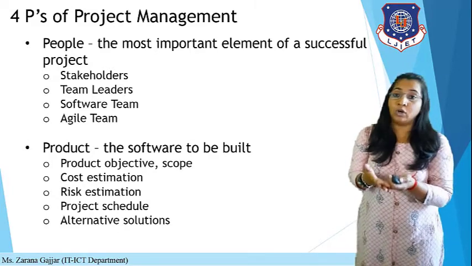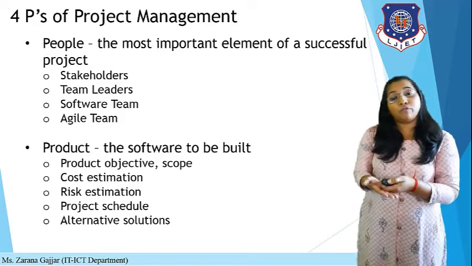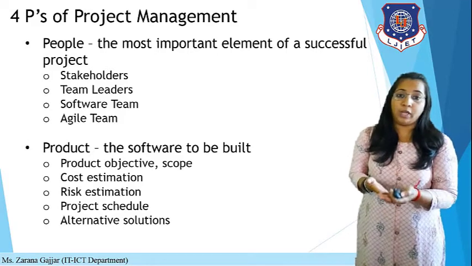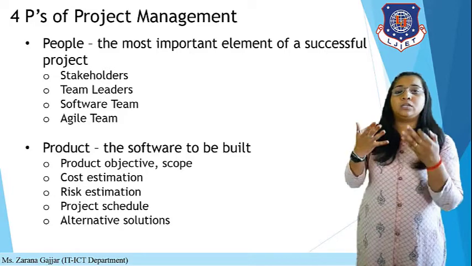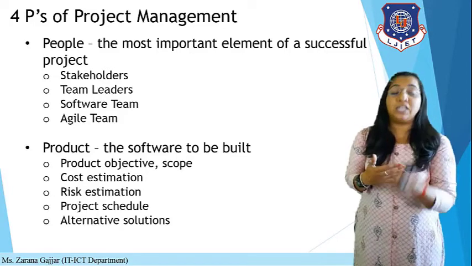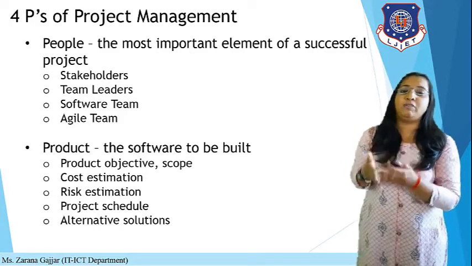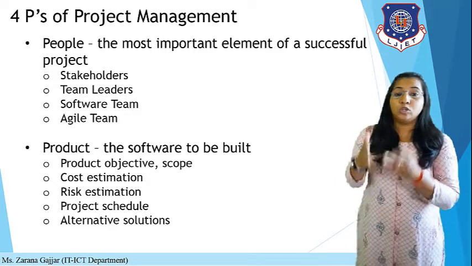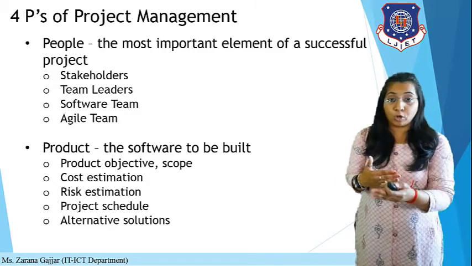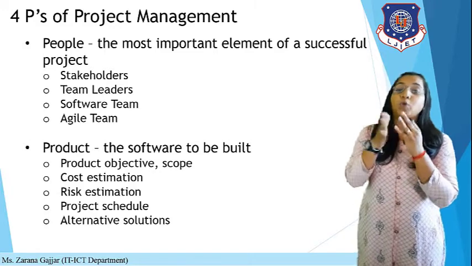So people can be anyone, like the stakeholder, the team leader, the software team, and the agile team. Stakeholder means your developer, or the senior manager. Team leaders are the project manager and senior project manager, who is the project leader.